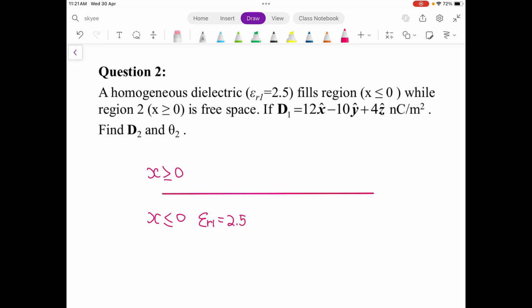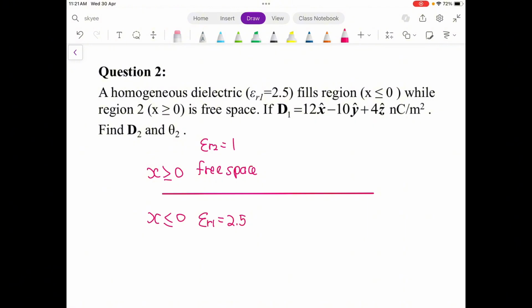And for region 2, it is free space, so epsilon R2 is equal to 1 because it's free space.